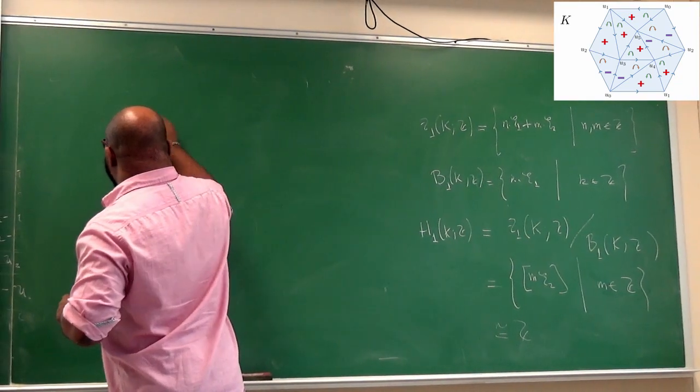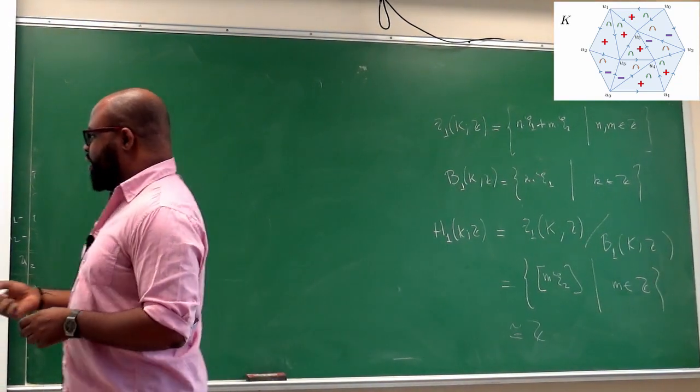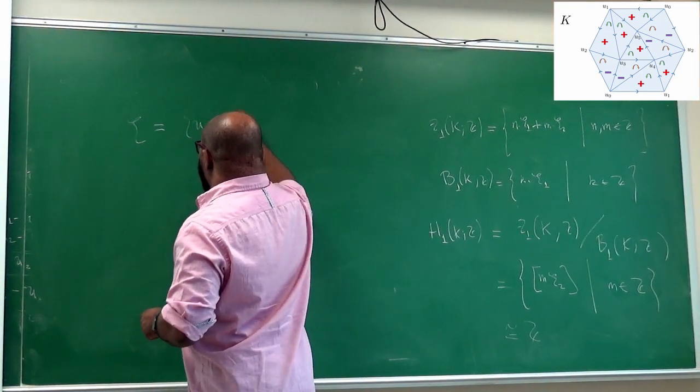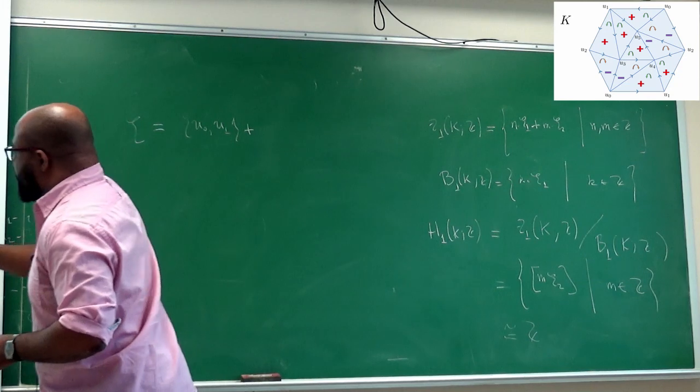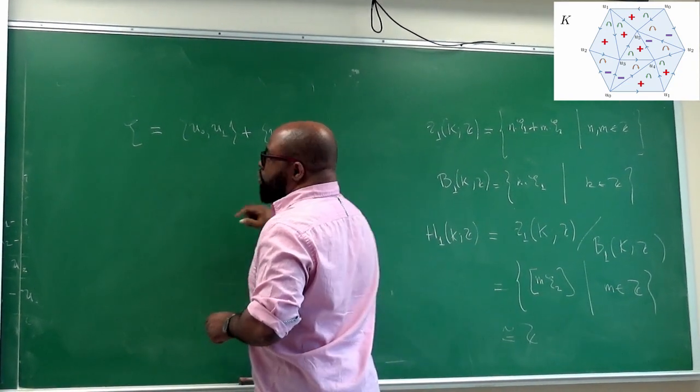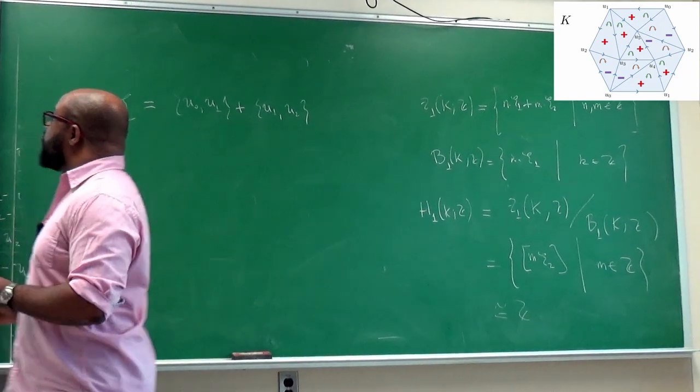I'm going to take zeta, and let it be u0 u1 plus u1 u2 minus u0 u2.